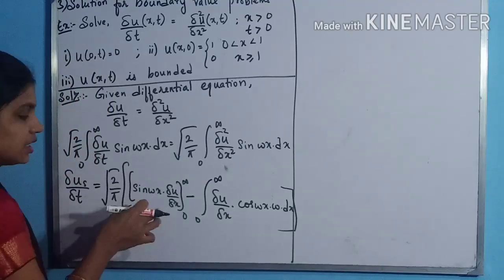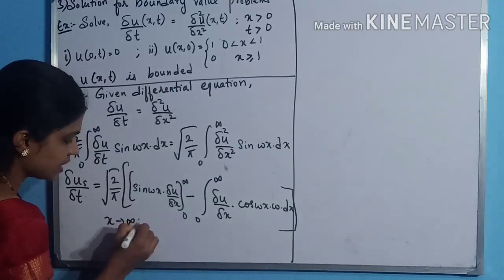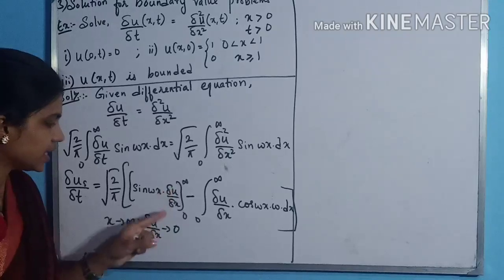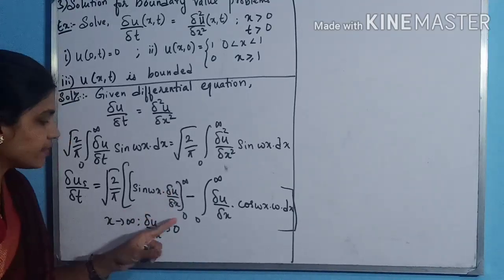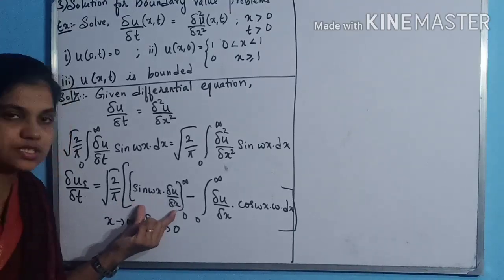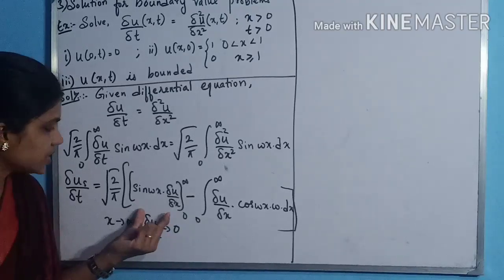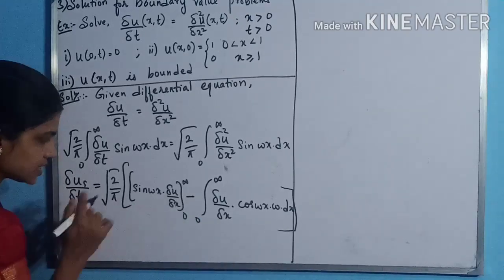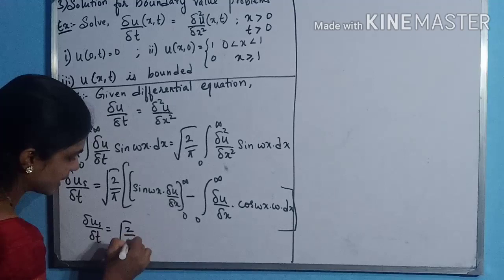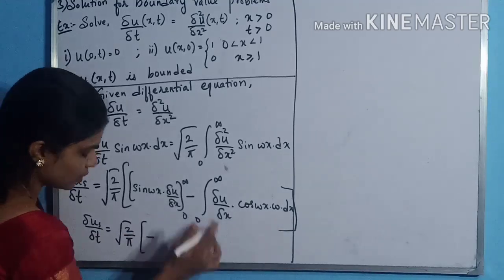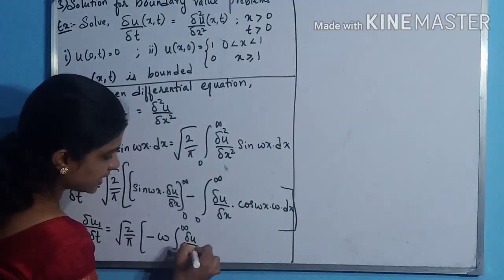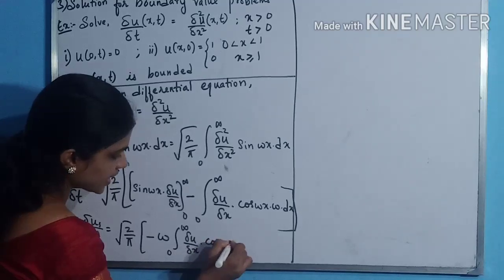Now if you see here, when x tends to infinity, ∂u/∂x tends to 0, and when x equals 0, this whole term becomes 0. So this first term is going to be 0, and what is left is only the second term. So ∂u_s/∂t is equal to root 2 by π times minus, I'll take the ω outside, ω times the integral 0 to infinity of ∂u/∂x cos(ωx) dx.